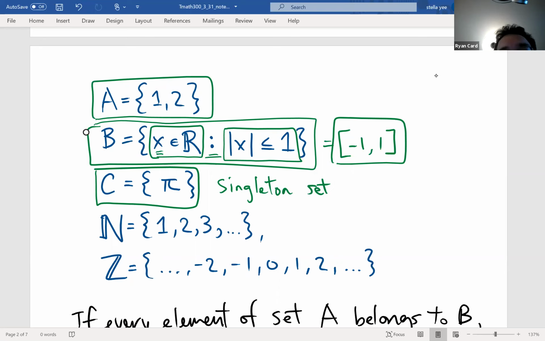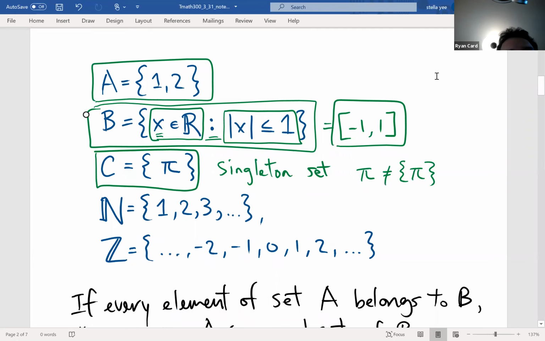I want to make a distinction between the number pi and a set that's containing the number pi. So these two are different things, right? On the left-hand side, you treat it as a number. The right-hand side is a set containing that one number pi, right? So they are different.